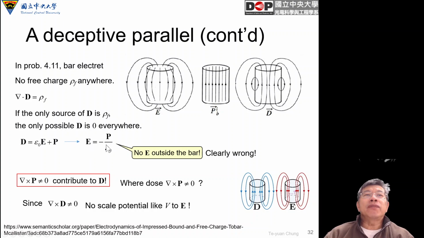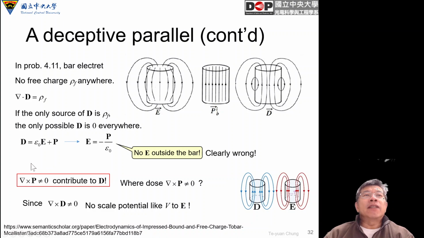Then the electric field would equal this, and outside the electret bar the electric field would be 0, but this is definitely not true. So the assumption that free charge is the only source of D is not right.